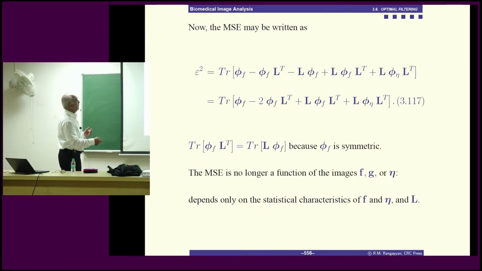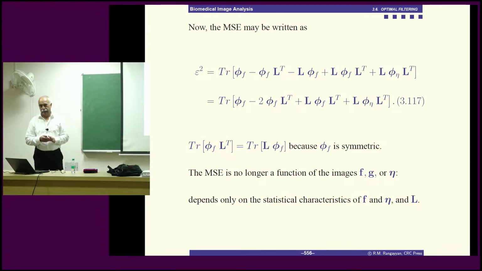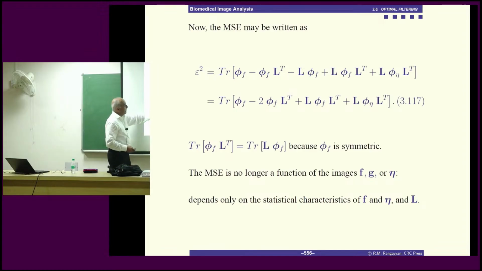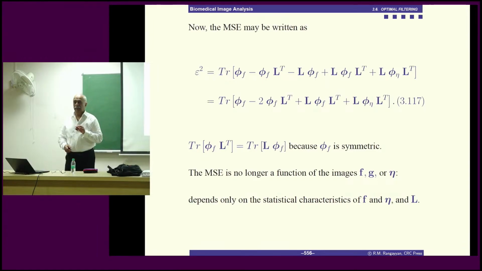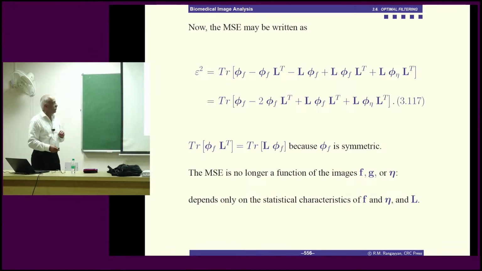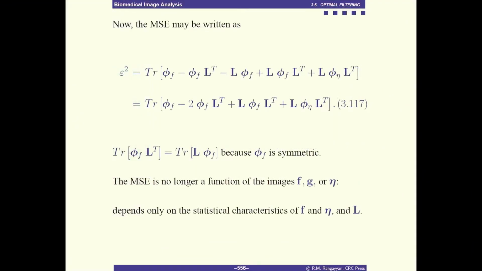Phi f, phi eta, that's all, autocorrelation functions. So now the mean squared error is not a function of the images themselves, but of their statistics, and the statistics are simply autocorrelation functions. So you need to differentiate that with respect to f and find out what is the optimal L.